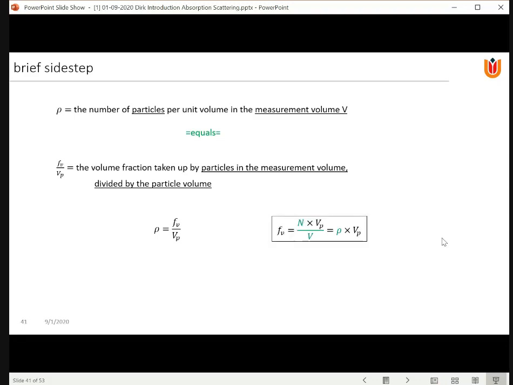You can see that if you bring the volume fraction to the left-hand side and then rewrite a little bit, it falls out. You can look at it later. But basically, for convenience, we can define the number of particles using this density rho or using the volume fraction.